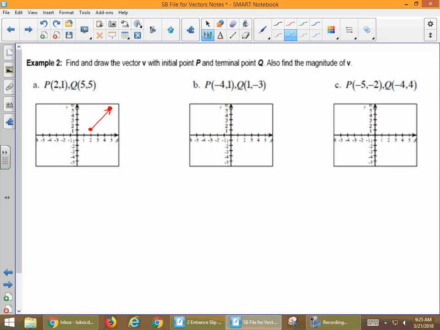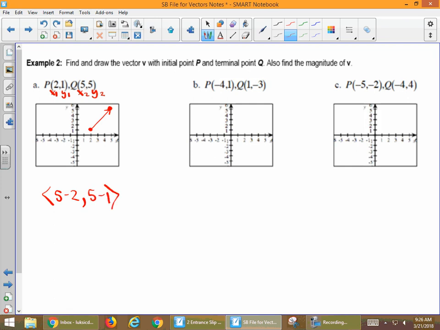So to find this vector using these points, you can kind of think of it as x1, y1, if you would like, x2, y2. You're going to subtract your x's, but order matters. 5 minus 2. And subtract your y's. 5 minus 1.